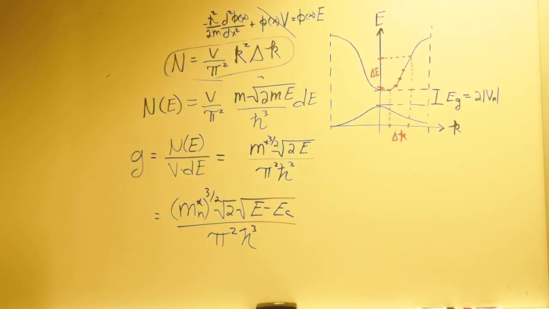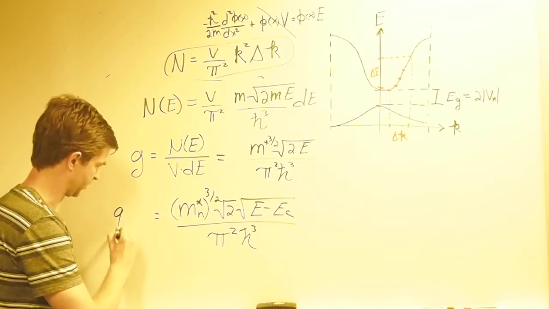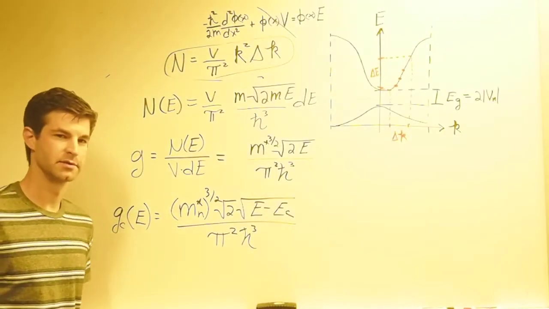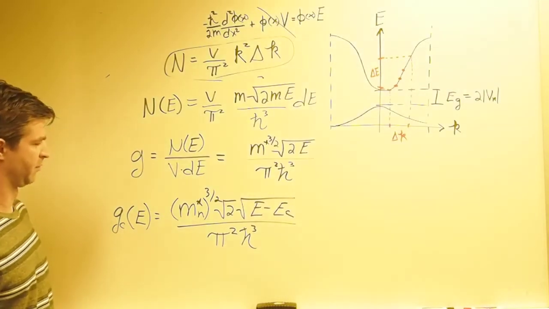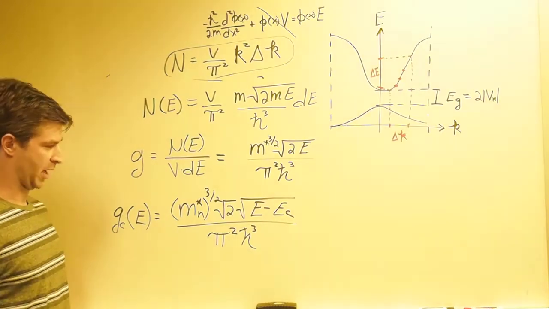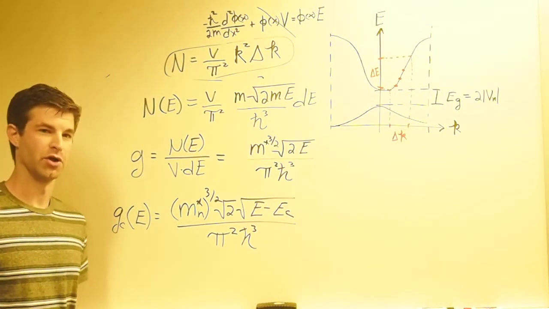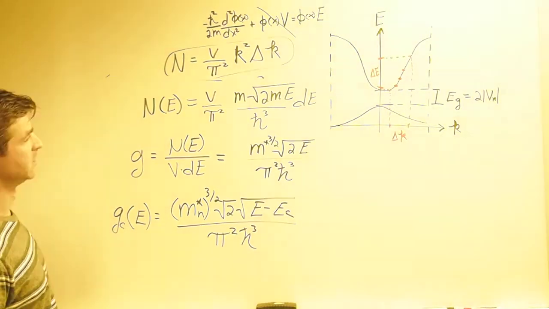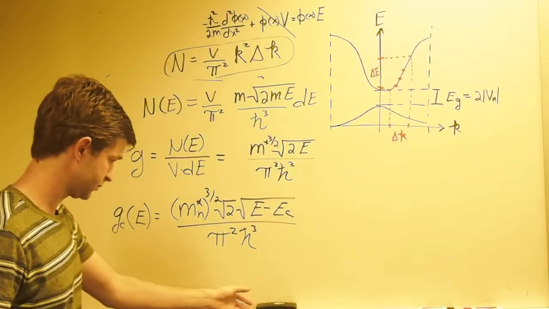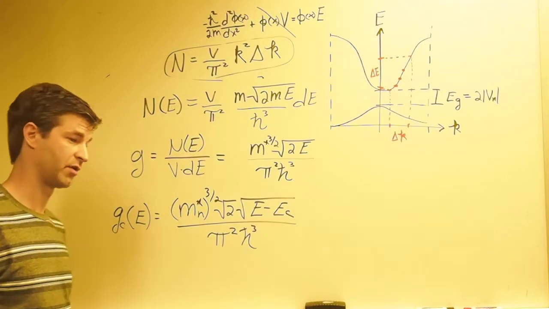And if you've taken any general semiconductor classes, this should look very familiar. So this is the number of states per energy per volume in real space. So that's how many states we have somewhere in here. And similarly, this is how many available states there are for electrons.